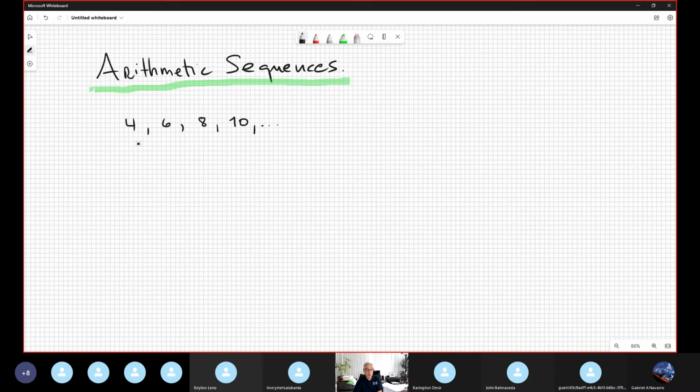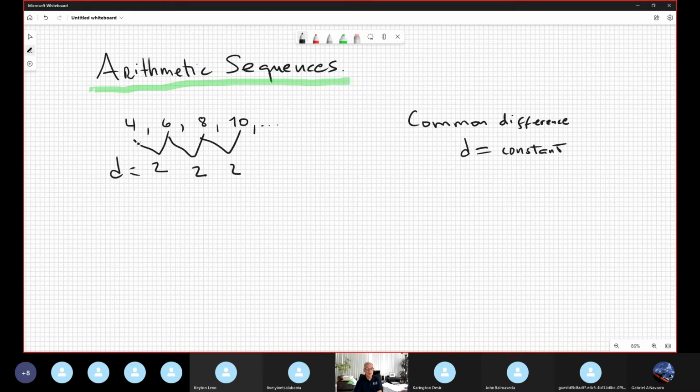It is an arithmetic sequence because the common difference, which normally is called D, is constant. What is the common difference? When you subtract, 6 minus 4 is 2, 8 minus 6 is 2, 10 minus 8 is 2. This is D. D is constant. So we have a constant common difference.